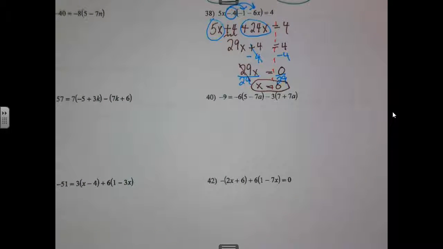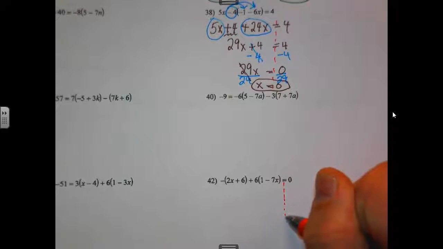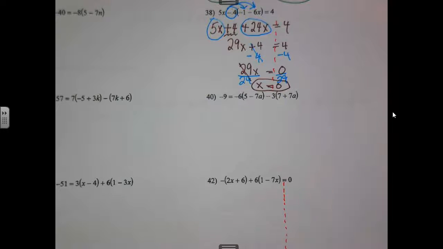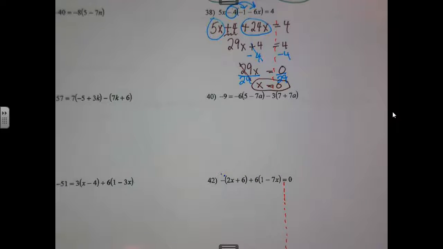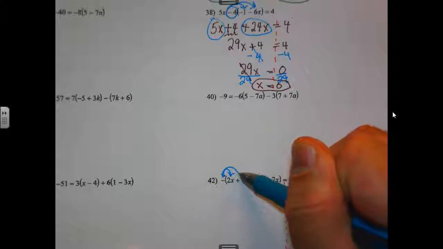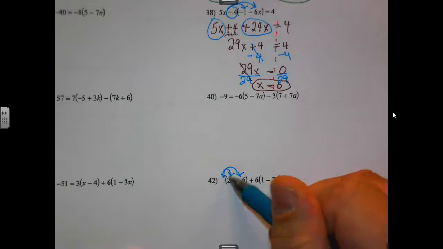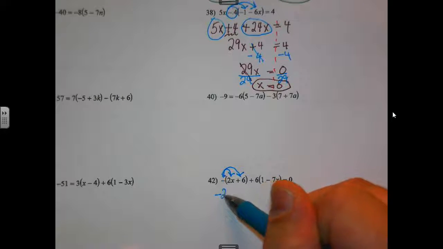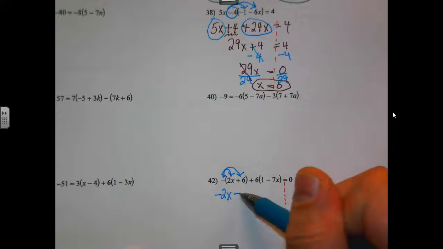Okay, let's skip down to 42. All right, I'm going to distribute. This is a minus sign that's in front of the parentheses. I need to distribute that. Think of it as negative 1. So negative 1 times 2x is negative 2x. Negative 1 times positive 6 is minus 6.